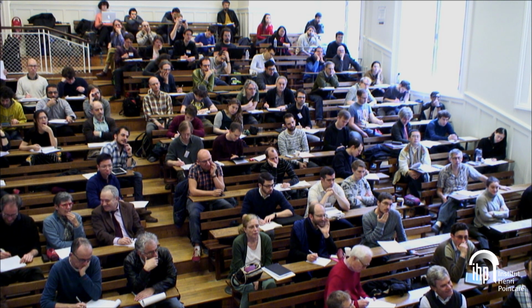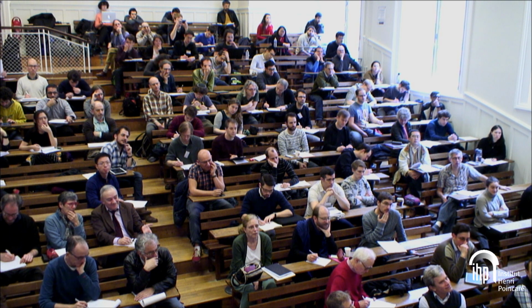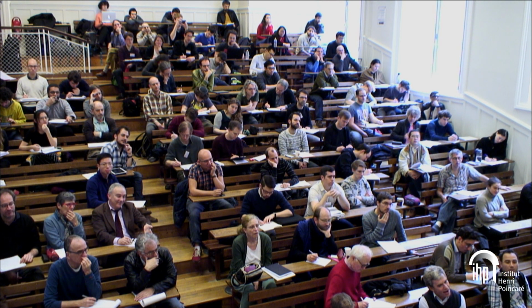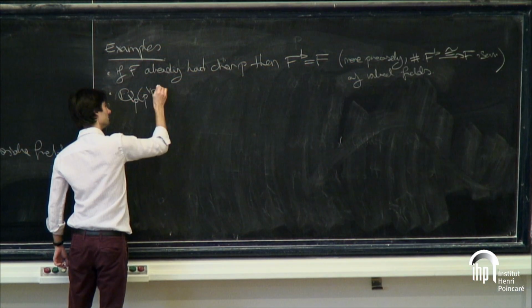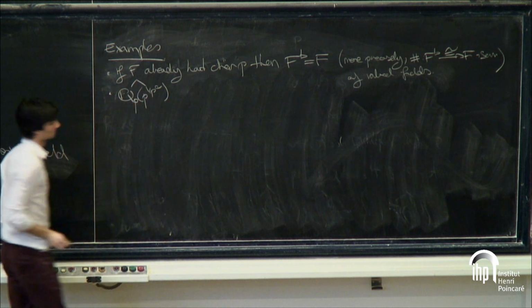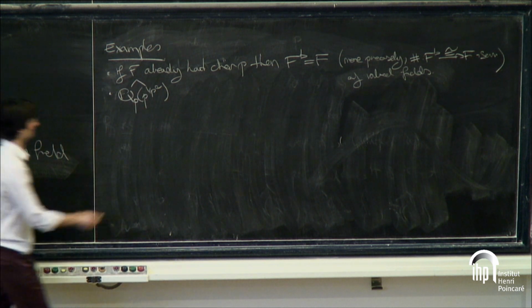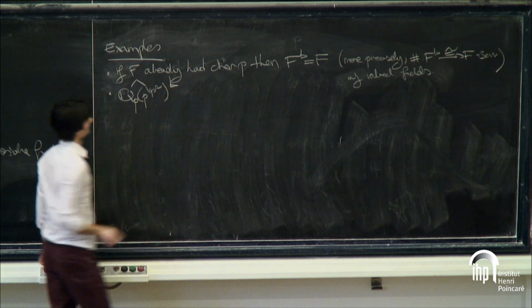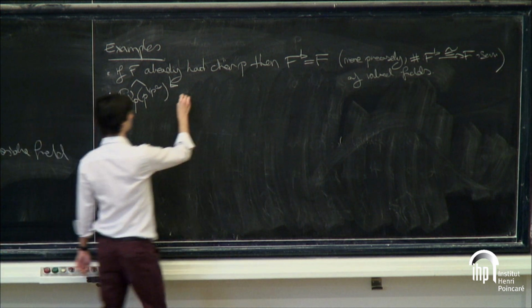So let's now return to the examples that I rubbed out. So let's tilt. Let me add all p power roots of p to Qp. I complete the result. That was somehow the canonical choice of perfectoid field. And then I'm going to tilt that.